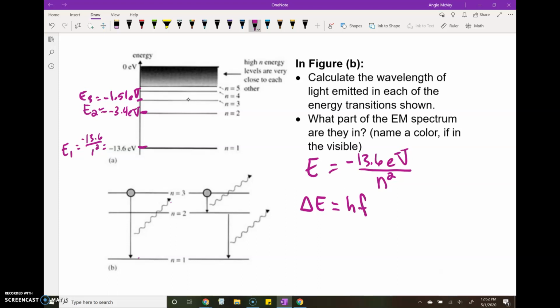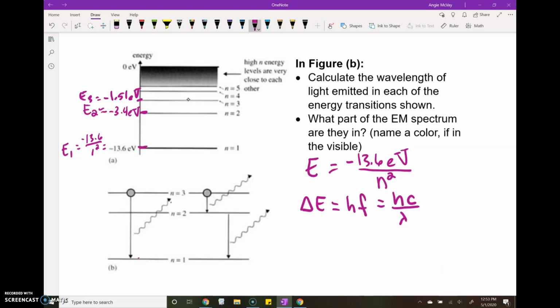Oftentimes, though, our brain has been trained to identify where in the electromagnetic spectrum that light is by looking at the wavelength, right? We have a sense that visible light is about 400 to 700 nanometers. Okay, so we can write this in terms of wavelength as well: hc over a wavelength, where c is the speed of light, 300 million meters per second. All right, and then just a little bit more information so we don't have to do any unnecessary conversions.